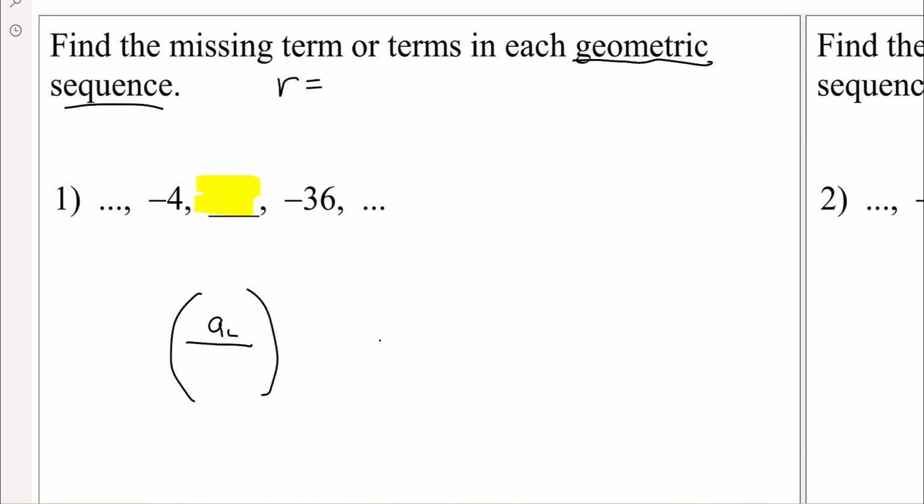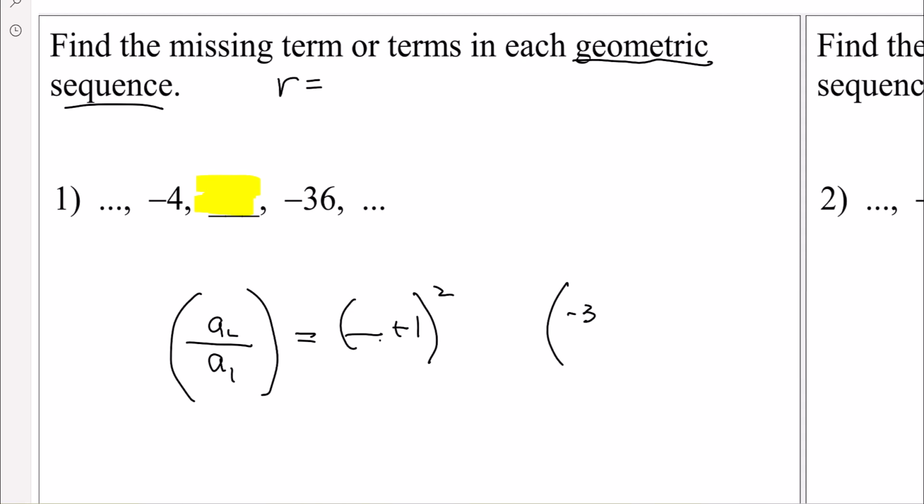It's the last term that you see divided by the first term that is given, and that's going to equal the number of blanks plus 1, squared. So this is what I mean.